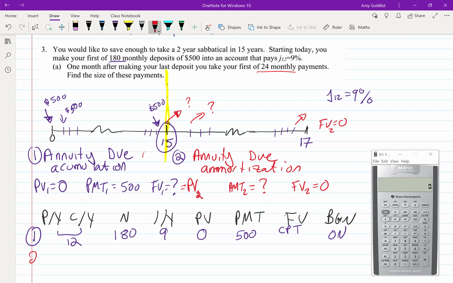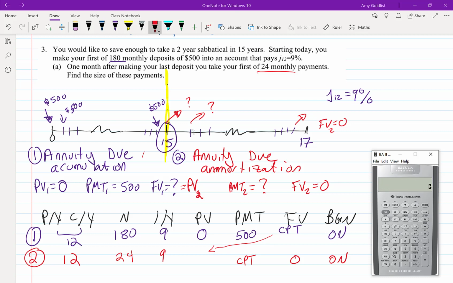I'm going to go ahead and start filling in the second annuity as well, and I like to sometimes set these up before I even start so everything is very quick. 24 monthly payments. My present value is going to be this number. And here, that's what I'm going to be computing, and I'll end up with nothing, and it's still an annuity due. Again, fast forward if you're really good at putting stuff in your calculator.